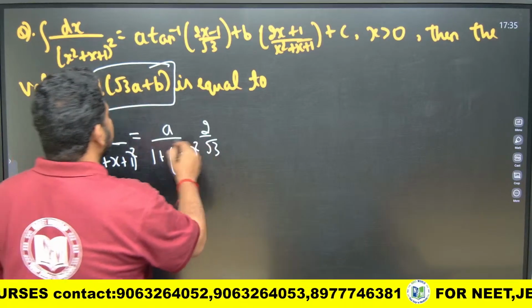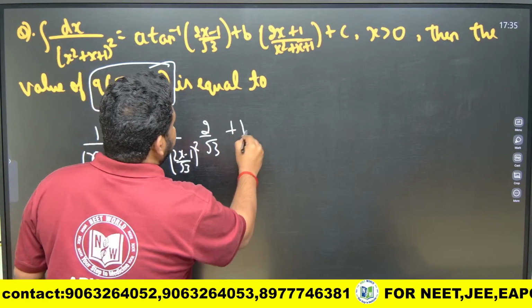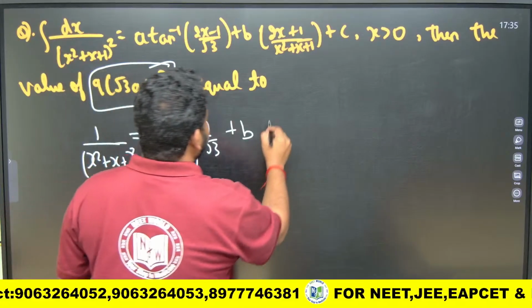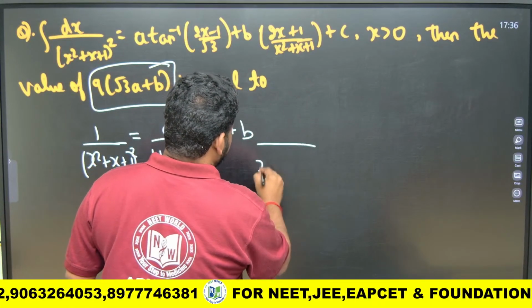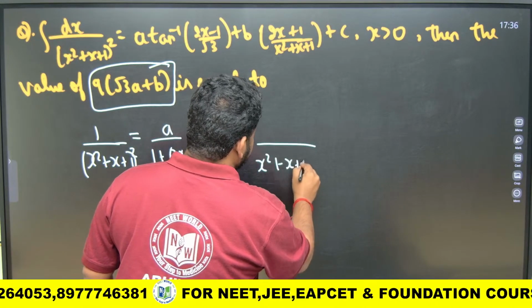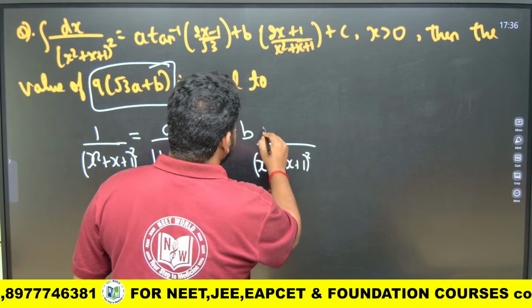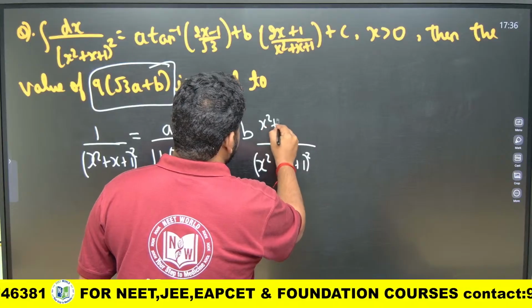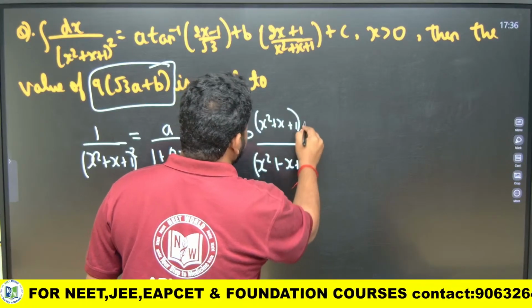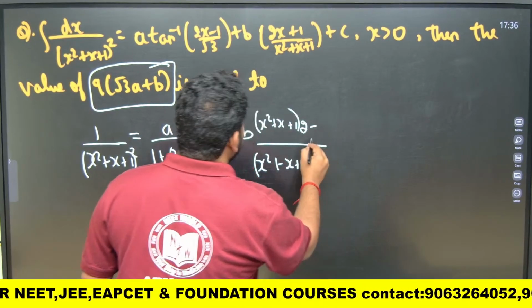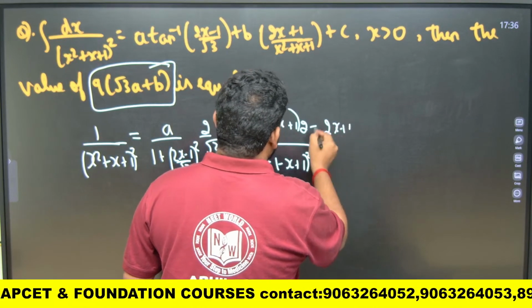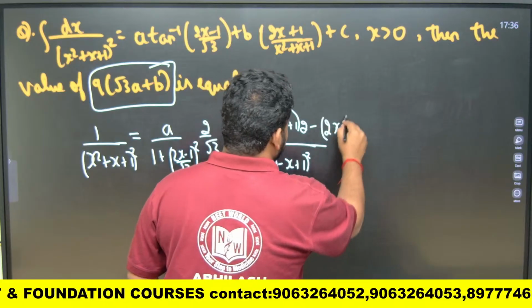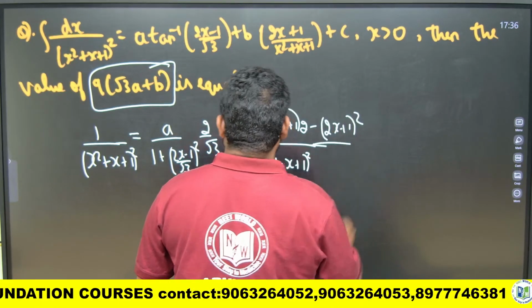Plus b times the derivative of the second term, where I have to apply the quotient rule: (x square plus x plus 1) into 2 minus (2x plus 1) into (2x plus 1), over (x square plus x plus 1) whole square.